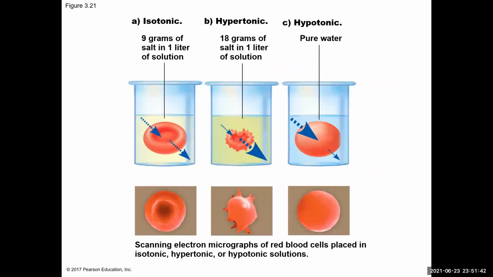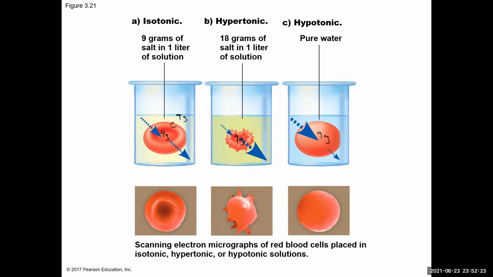So here we have a figure that's kind of showing those three examples, but here we have cells in beaker water. And you'll see these examples in your lab exercises too. So here, if we have an isotonic solution, typically a cell has about, we're assuming, 9 grams of salt inside the cell. And so if the water also has 9 grams, then they're equal, right?